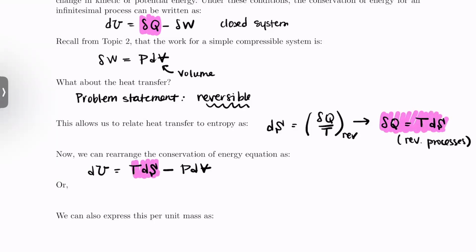And then my work term, I am putting in this substitution. All right, so my work term, I'm just relating to boundary work that we've seen before. And then I'm relating my change in heat transfer to entropy. And I can do that since this is a reversible process. Okay.